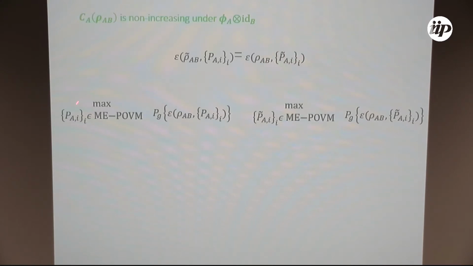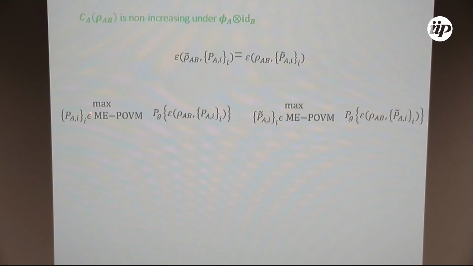So now if I look at the correlation measure that I have defined, this is the correlation measure at the beginning, before I apply the map. And this is the correlation afterwards. In principle, this one should be here, but I already convinced you that it's the same as having the same initial state and a different set of POVMs.